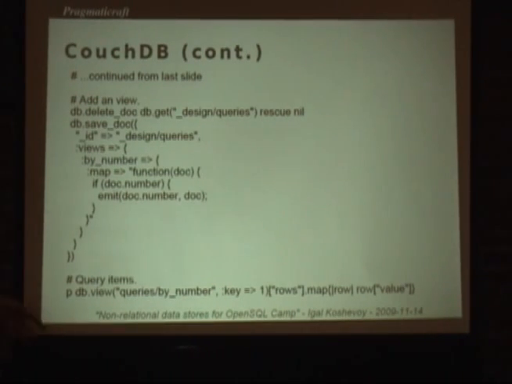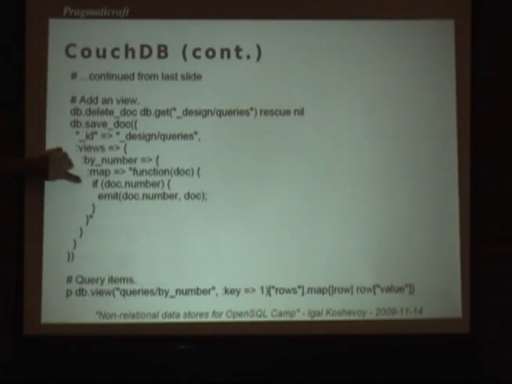So we start out by saying you're going to have the graph, which is called queries in this case. I want to get rid of that, so we have updated it. We're then going to create a new view called by number to generate the contents of by number. What we're doing is adding a column to every single object that says what the number is for that object.